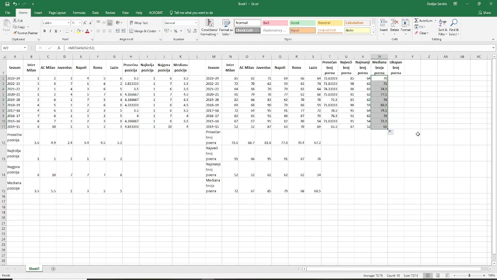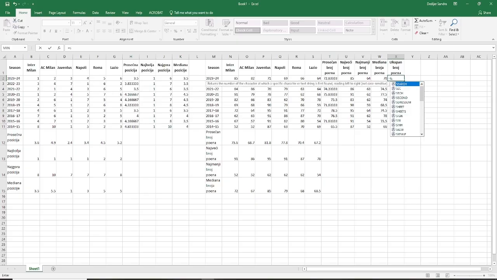The worst season for this group was, as we can see, 2014-2015, when 3 teams had fewer than 66 points and 3 had more. The highest median was in the 2020-21 season, where 3 teams had more than 77.5 points.